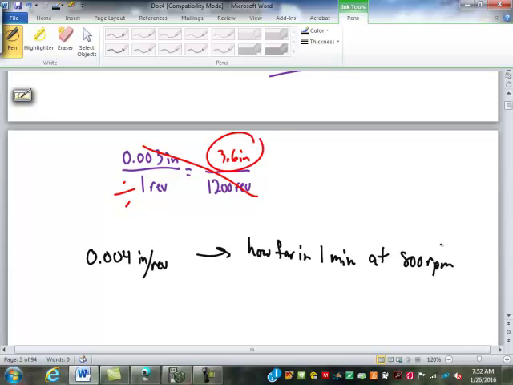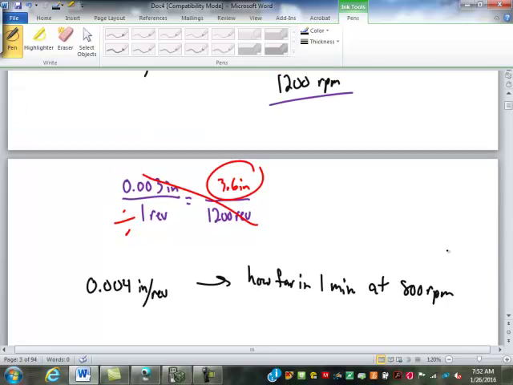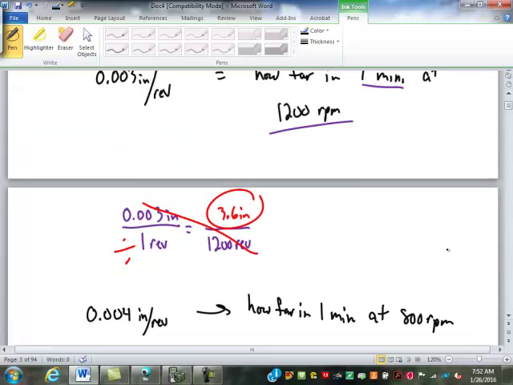So in your notes, try to figure that one out. At 0.004 or 4 thousandths of an inch per revolution, how far in 1 minute at 800 RPMs?